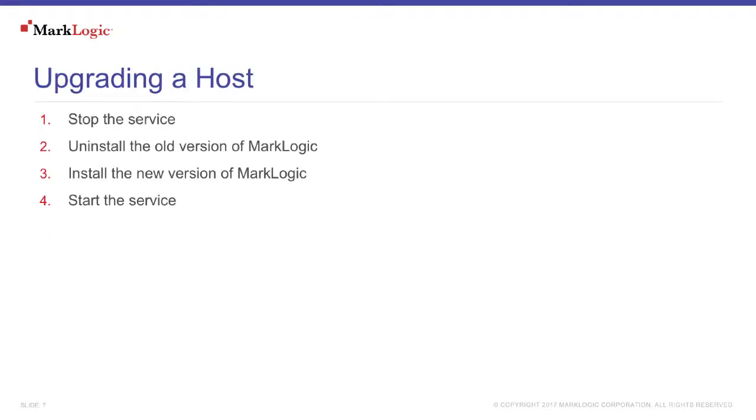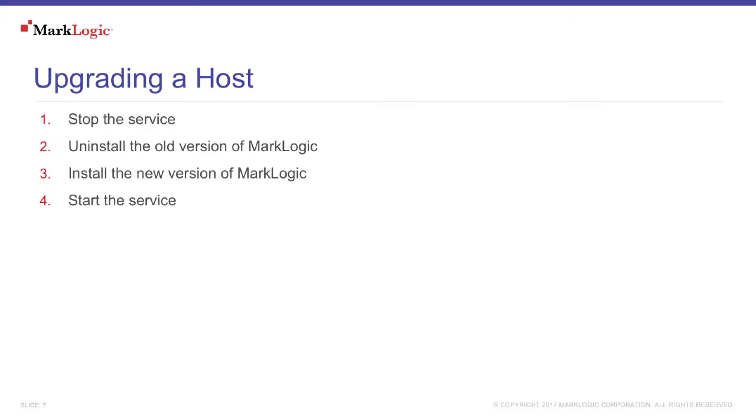While specific commands will vary from OS to OS, the general steps that go into upgrading a host will be the same. After stopping the service, uninstall MarkLogic. Do not delete the data directory. This is important. Again, do not delete the data directory, as we want to retain our forests and other such information.